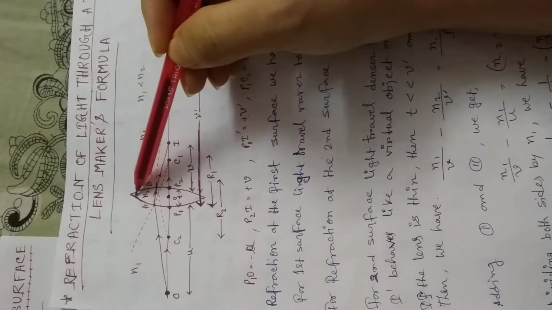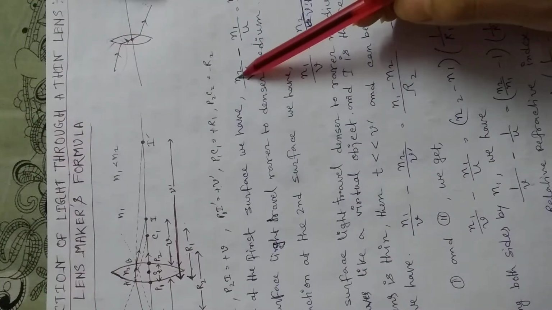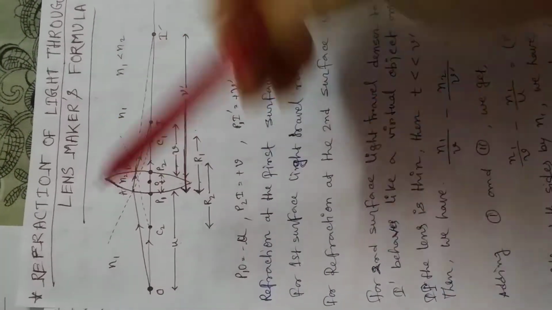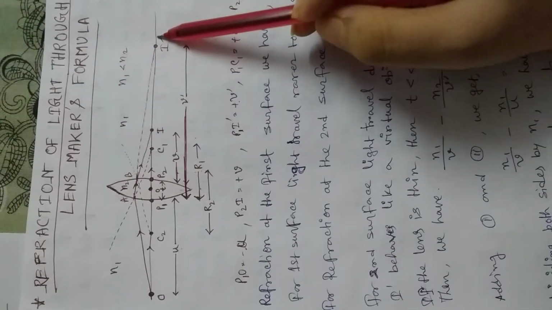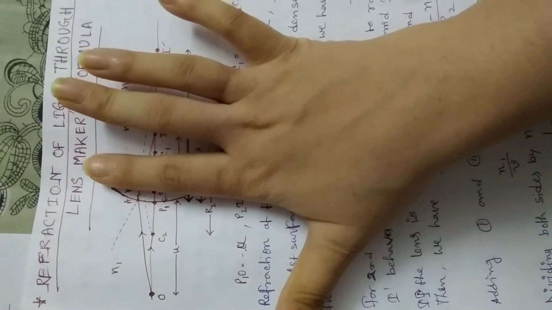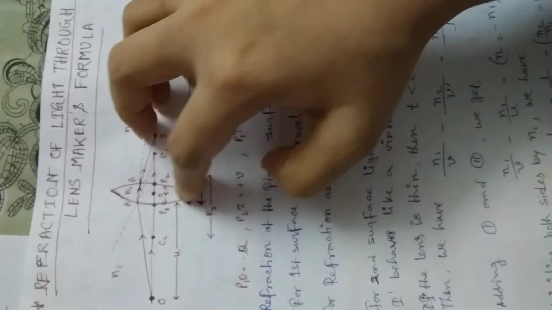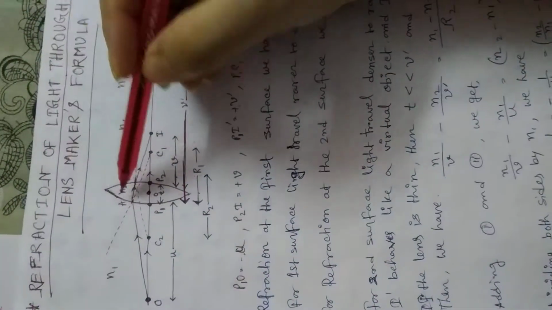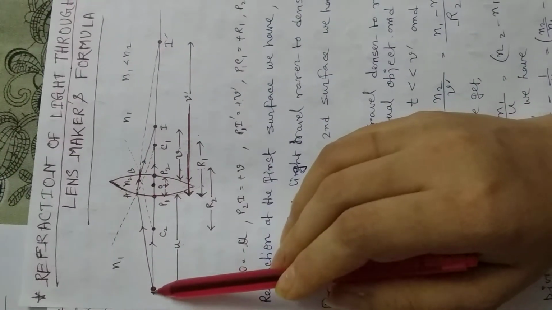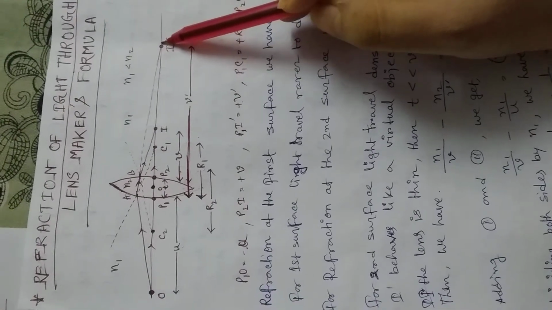So for this surface we can write N2 by V dashed. Why V dashed? Because for this surface, this is the object and this is the image, right? If the other surface is not present here, then only this convex surface forms the image of this object O at point I dashed.